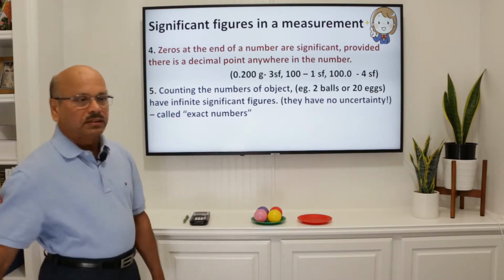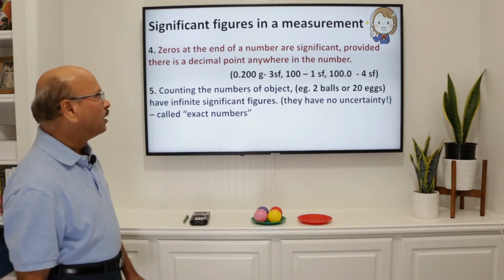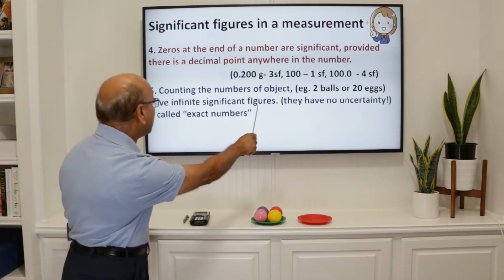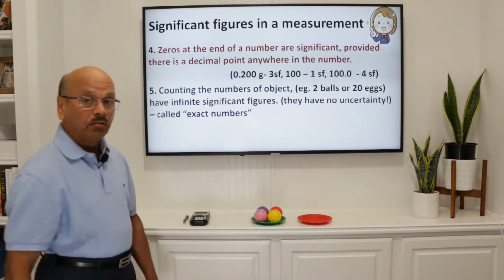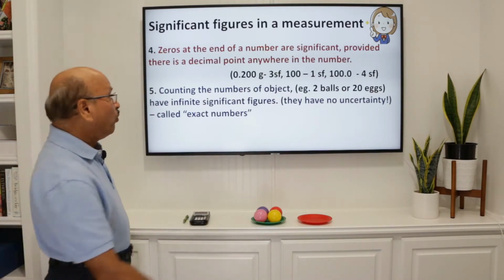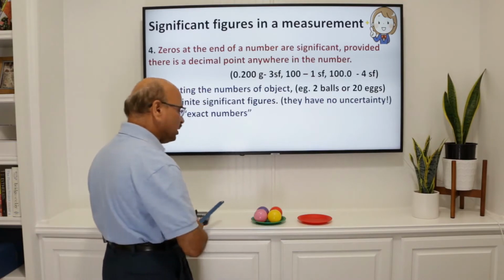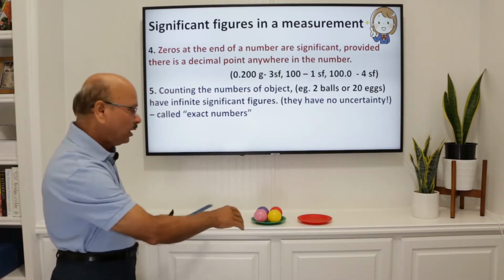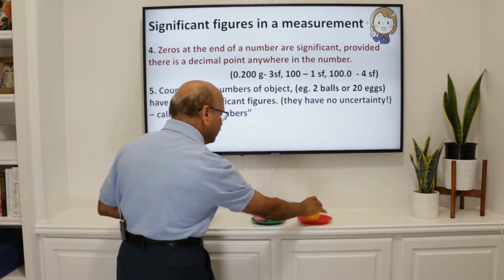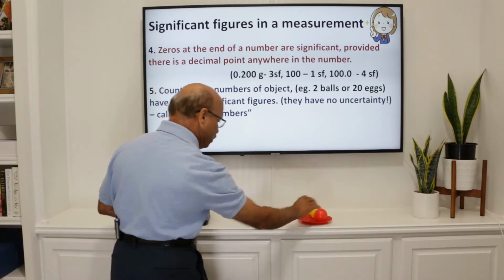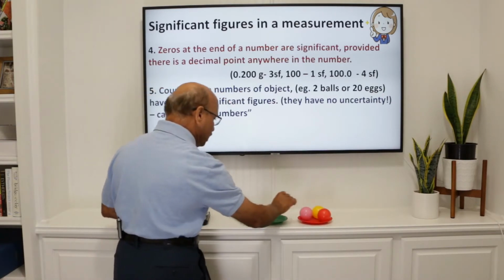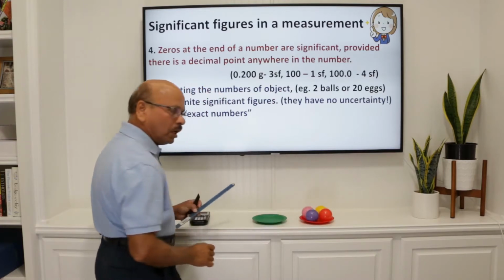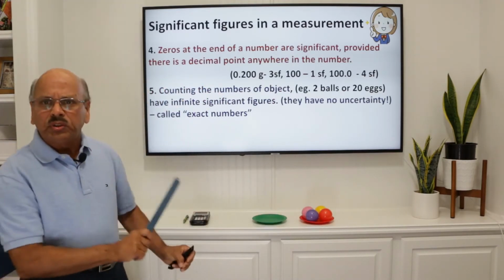Now, counting the number of objects has an infinite number of significant figures. What does that mean? When you count, for example, I count the number of boards here. I just count 1, 2, 3, 4. That is 4 boards there.